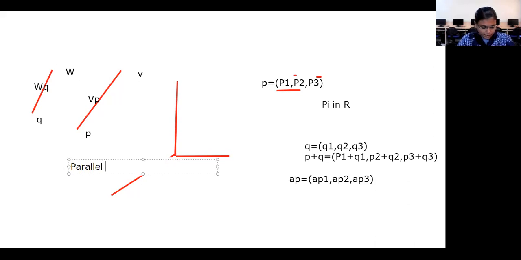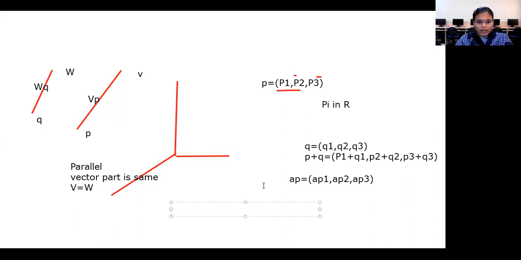Then we'll say these are parallel vectors if the vector part is the same. How do we say the vector part is the same? That means V is equal to W. When are two tangent vectors intersecting?